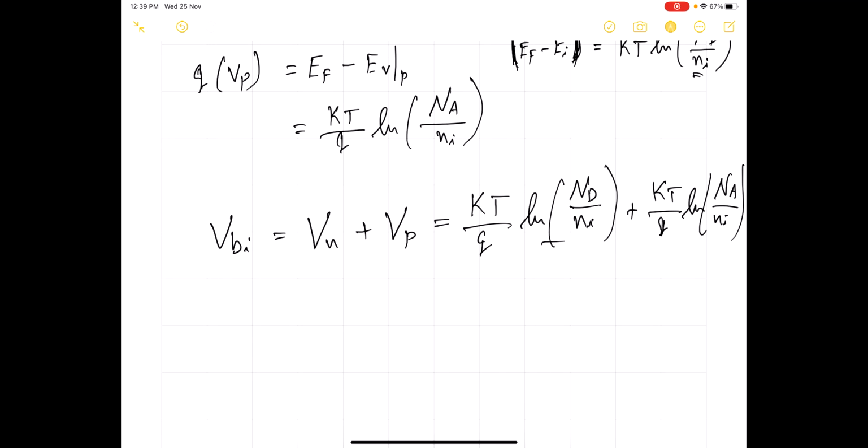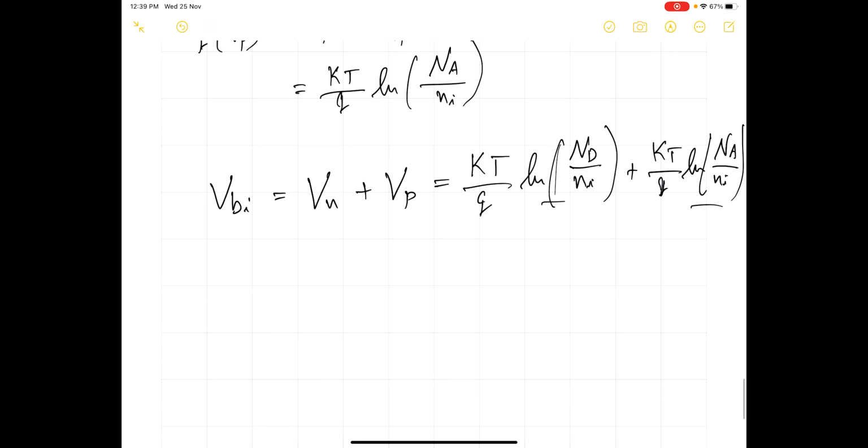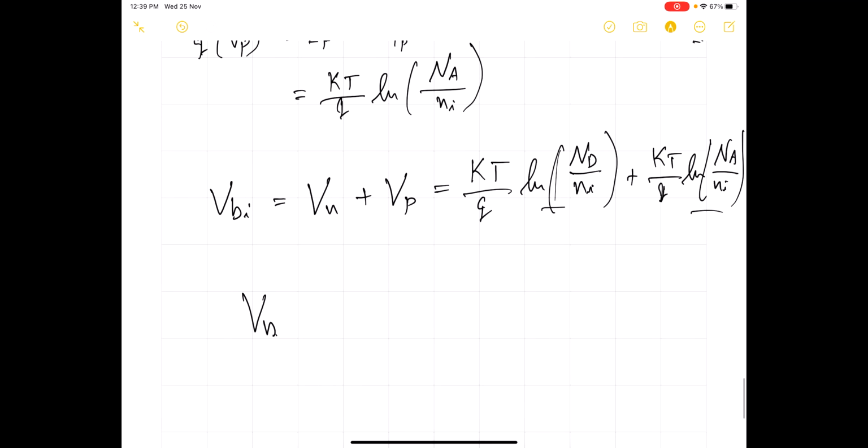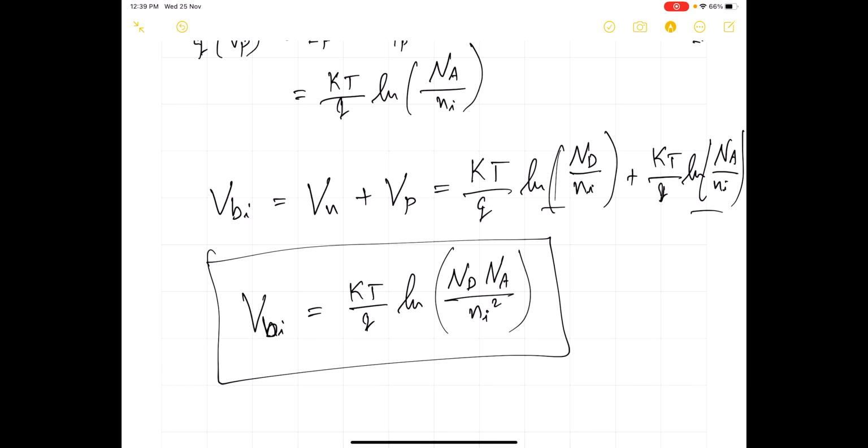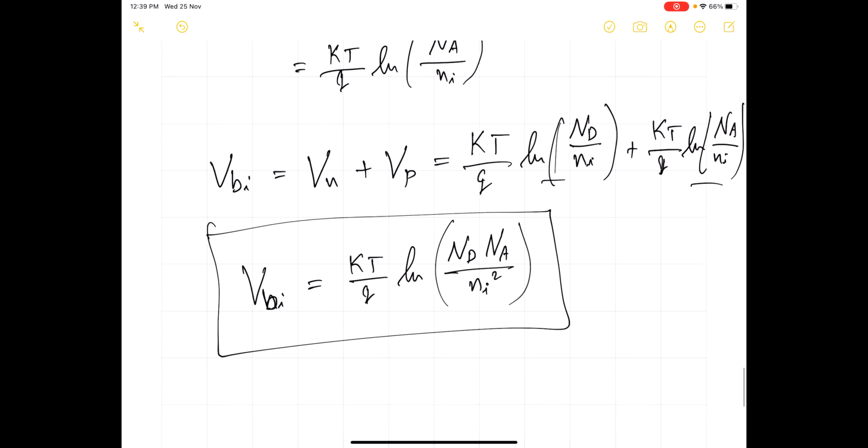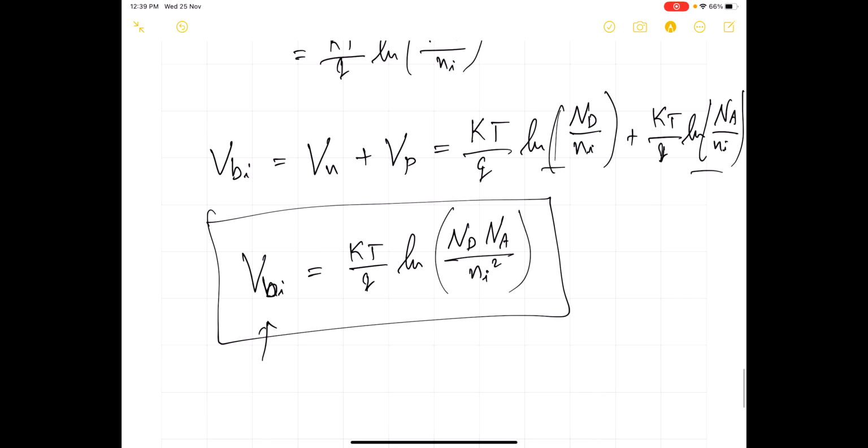Addition of logs means that within the bracket it will be multiplication. The result is Kt divided by Q times Ln of Nd times Na divided by Ni square. This is the built-in potential energy in a PN junction, which depends on the product of Nd and Na.